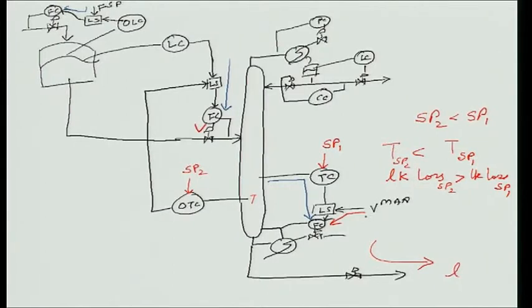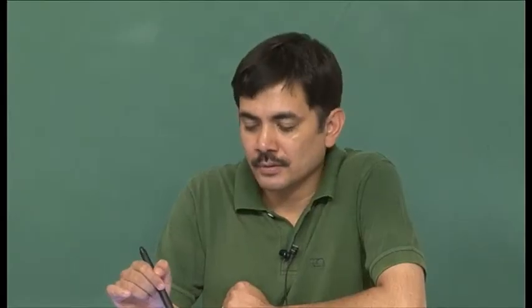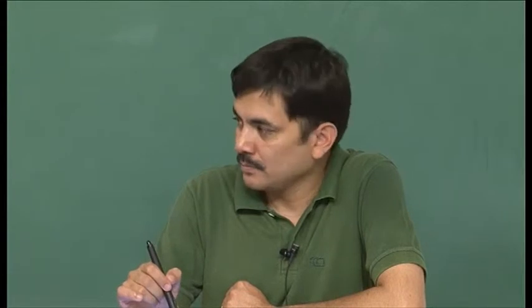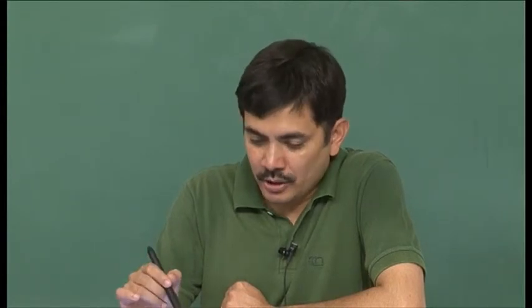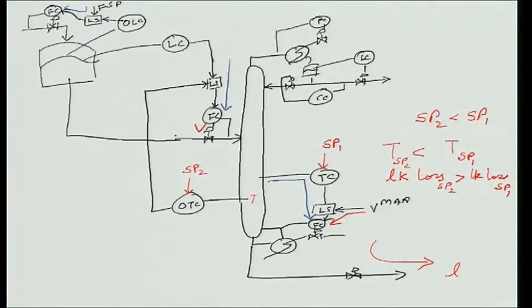Once the boil up becomes max, the override temperature controller takes over manipulation of the feed to the column. Now that it has taken over manipulation of feed to the column, I do not have level control on the tank. See what is happening?